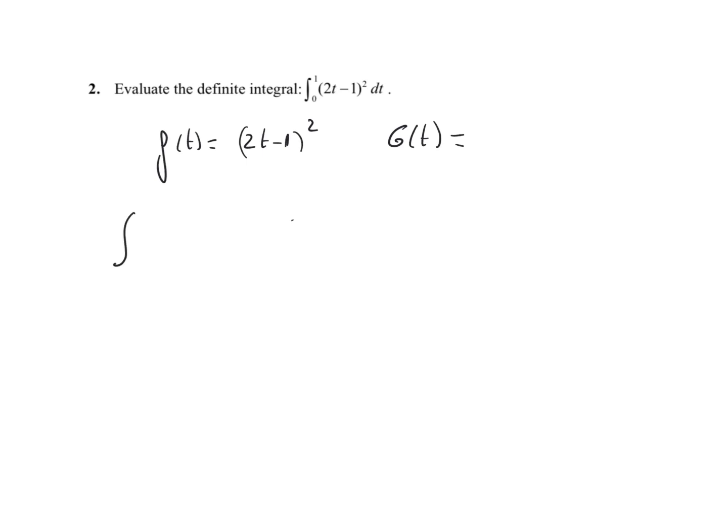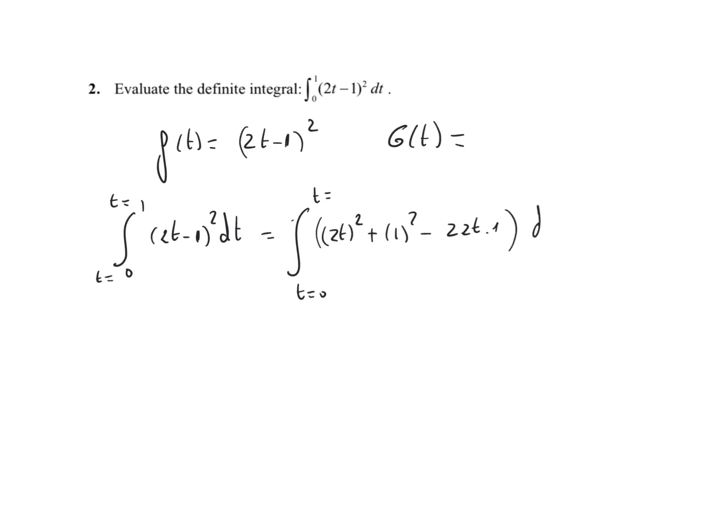The integral from t equals 0 to t equals 1 of the function (2t minus 1) squared dt equals the integral from t equals 0 to t equals 1. Now the square of (a plus b) squared is a squared, (2t) squared, plus b squared, 1 squared, minus 2 times the first by the second, 2 times 2t by 1, and this by dt.